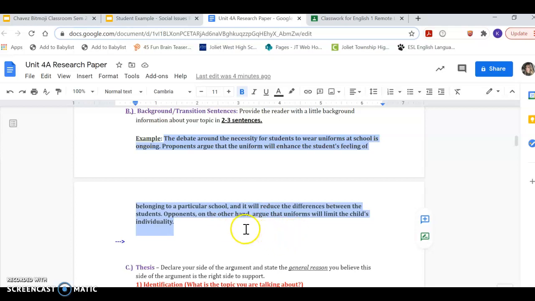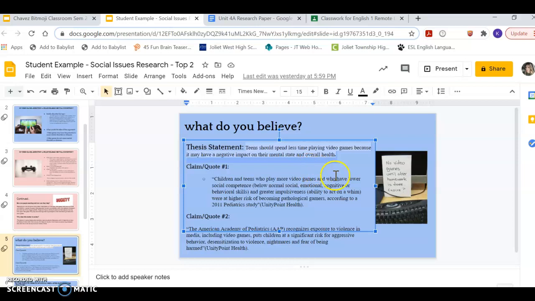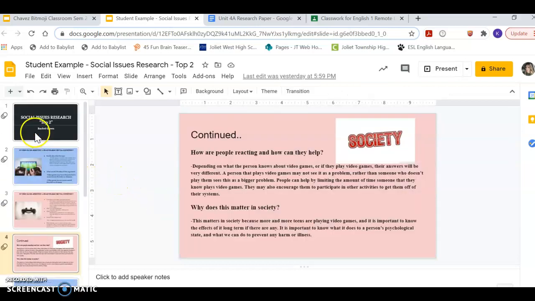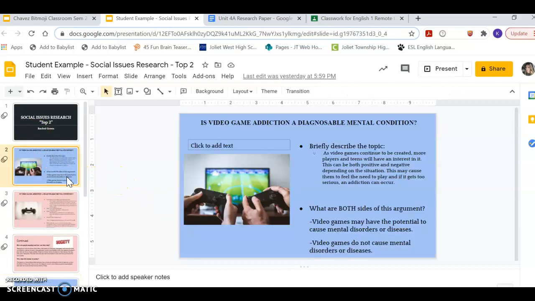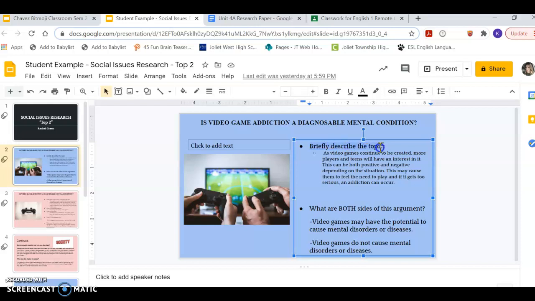So again, reference that not only in length, but also context. Last week in your social issues project, you already had to come up with background information. So if you go to either slide 2 or slide 5, depending on which topic you chose, your very first bullet point asked you to briefly describe the topic.